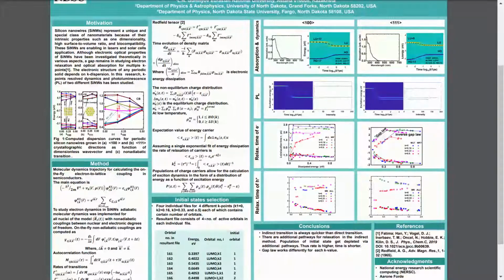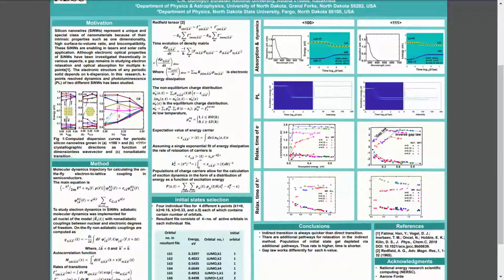when the model is exposed to the light pulse, then the electron travels from the valence band to the conduction band, the excited state. When the electron comes back to the band edge, then the electron couples with the nuclear motion.